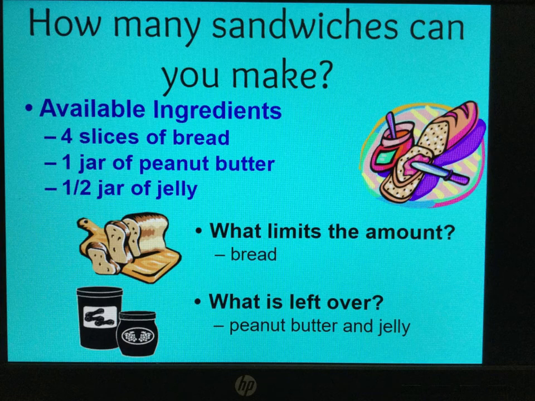You're going to make a peanut butter and jelly sandwich until you run out of materials. Whichever one you run out of first, that is your limiting reagent. Whatever you have left over that you have more of, that's your ingredient of excess, okay?